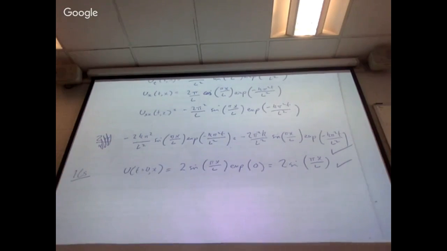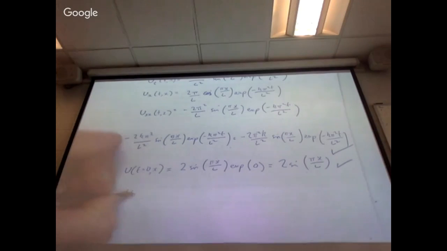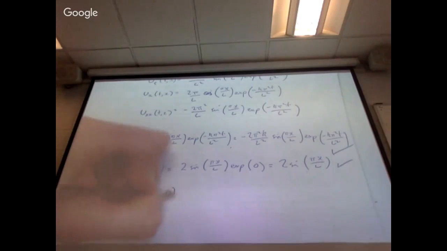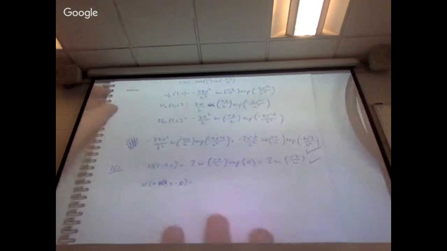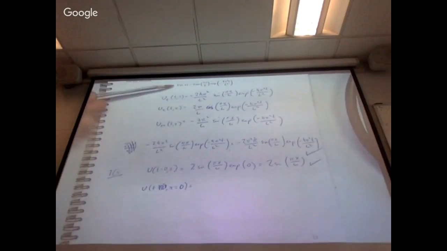Last thing we need to do is the boundary conditions. And we do the same, but this time at the two boundaries. Okay, that's u when x is equal to 0. So what I'm doing is I'm looking at this function, but instead of t being 0, I'm now looking at x equals 0.